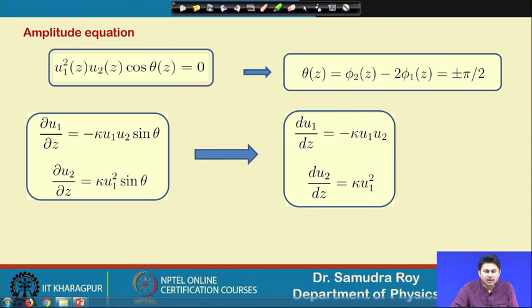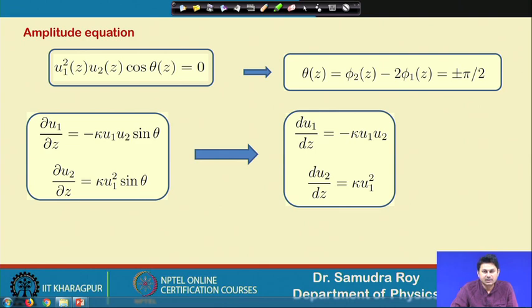These are the set of equations. If I put theta equal to pi by 2, then the equations simplify to d u1 by dz equal to minus kappa u1 u2, and d u2 by dz equal to kappa u1 square. So, sin theta can be replaced by just 1, because we know that theta is pi by 2.